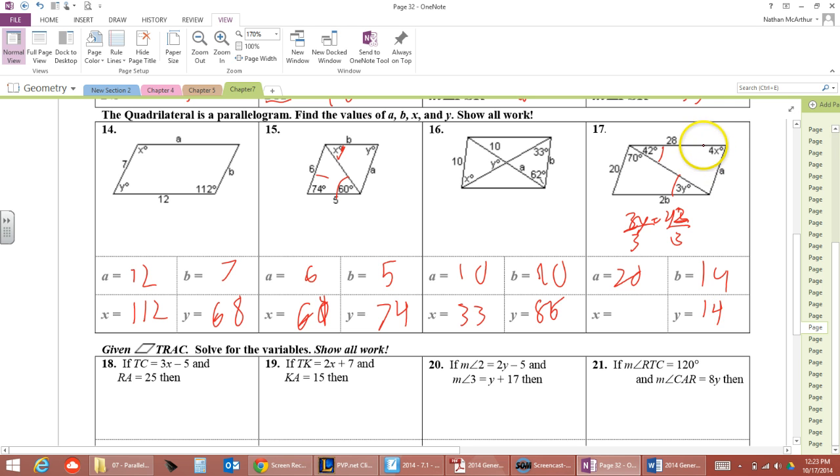Now, here we're looking at 4x over here. 4x is consecutive with this whole big piece over here. So this whole piece is 112, I believe. Yes, 112. And these have to add to 180. So I say 112 plus 4x equals 180.